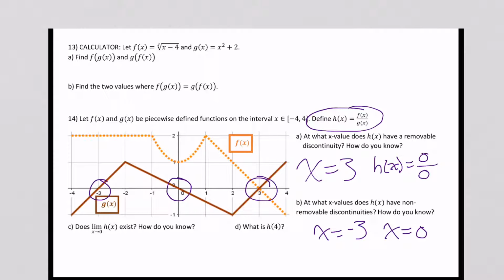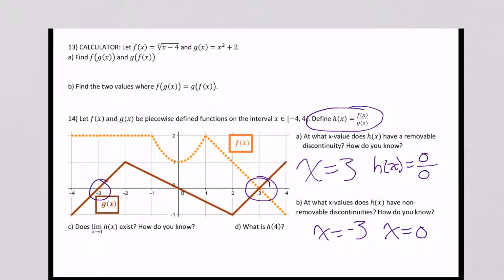And we're going to need to use that idea to help us with C, because C is a limit question. Does the limit as x approaches 0 of h of x exist, and how do you know? Well, as x approaches 0, we're talking about this section right here, right? So let's figure out what's happening to the left of 0 and to the right of 0. We already determined that we have a vertical asymptote at 0.